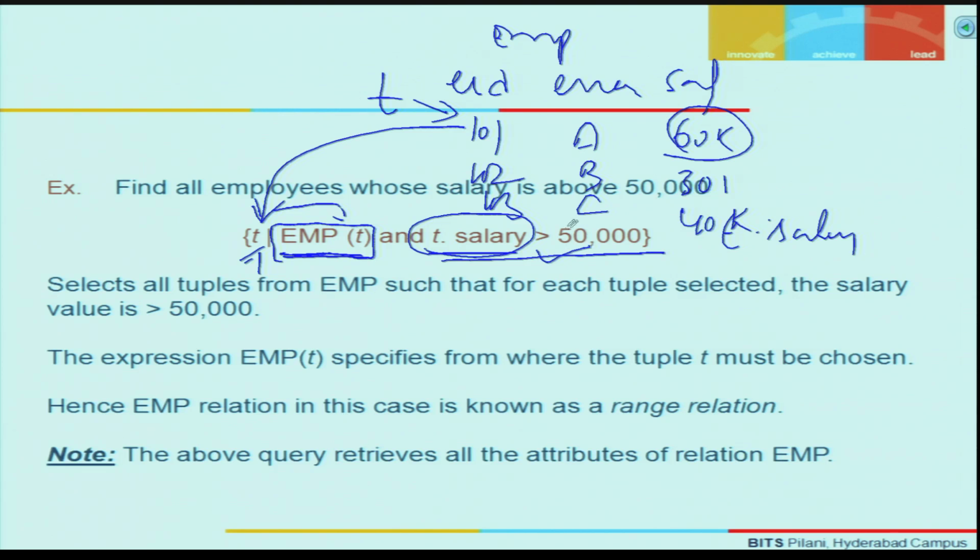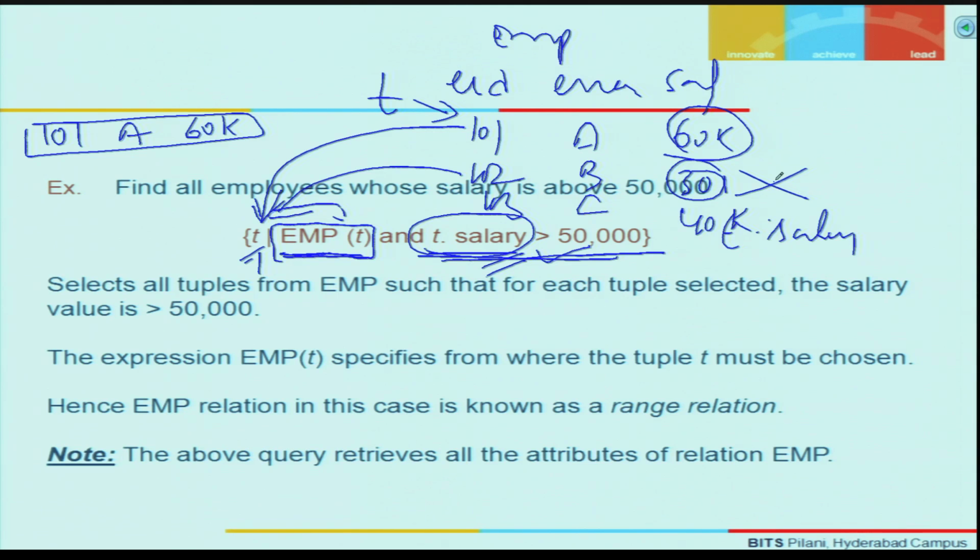This satisfies the condition, hence the first tuple of the relation, 101 A 60K, will appear in the result. In the next iteration the second tuple is assigned to T, and again it checks T.salary. Now T.salary is 30K, but it is not greater than 50,000, hence this will not show up in the result. In the third instance, the third tuple is assigned to the tuple variable T. Again the condition is tested, and it is not going to satisfy, hence that will not appear in the result. Hence in the result only one tuple is there according to this example.